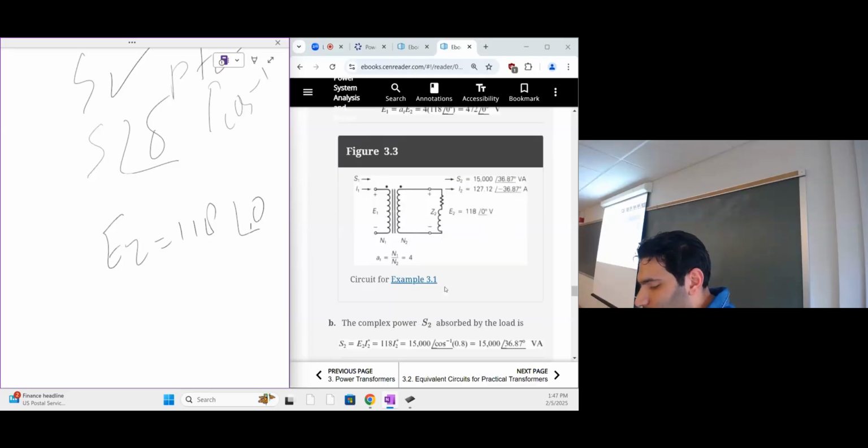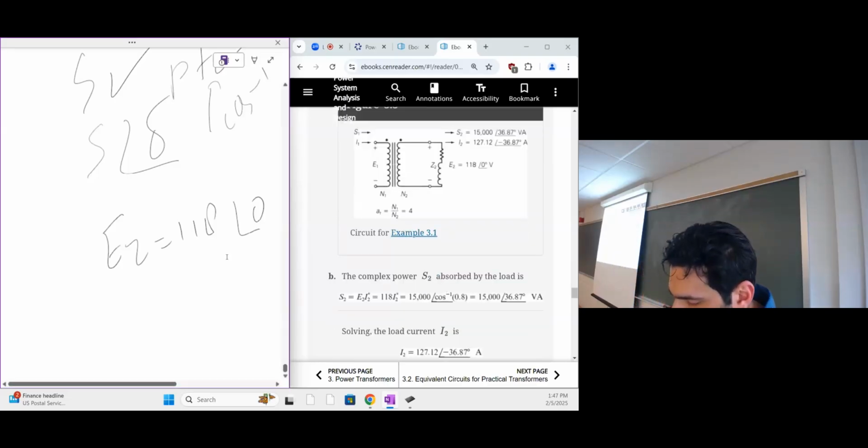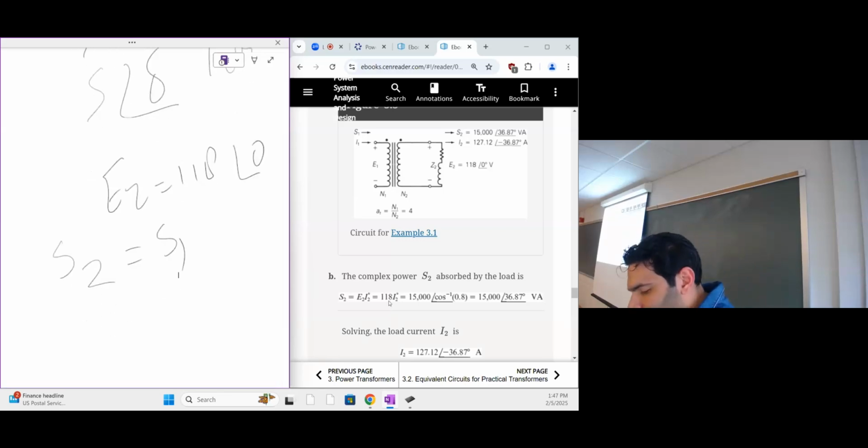This is the circuit representation. Then the complex power, S2, it should be equal to S1. And you have the 118 and the I2 star. So S is equal to 15,000, the given one, with cosine inverse to get the power factor angle. So you get S2.